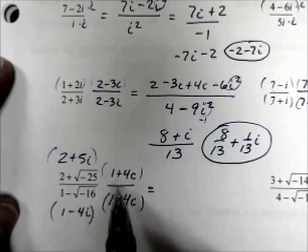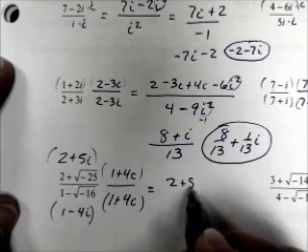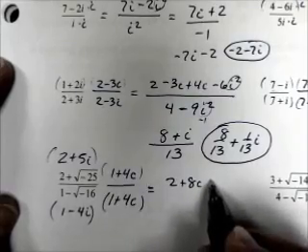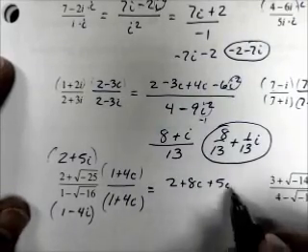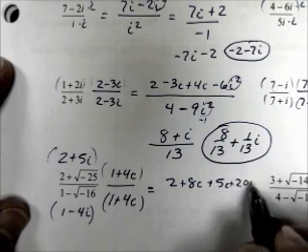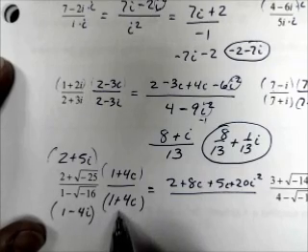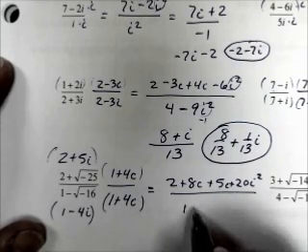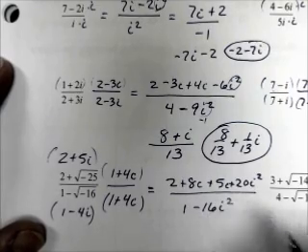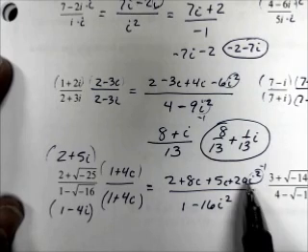Okay, more foiling. 2 outside, 8i inside, 5i, and the last, 20i squared. All over, since they're conjugates, product of the first, 1, product of the last, negative 16i squared. That i squared is equivalent to negative 1, so we have a minus 20.